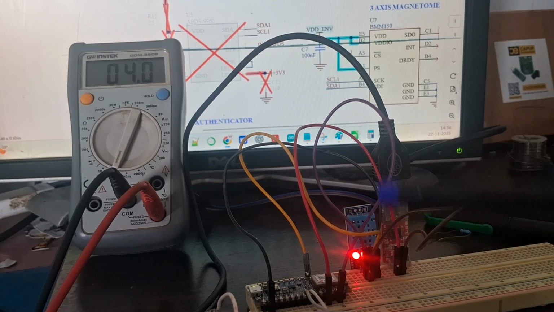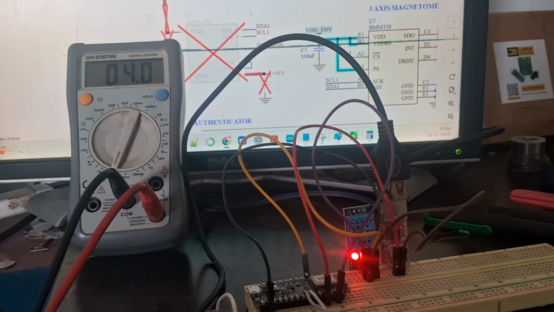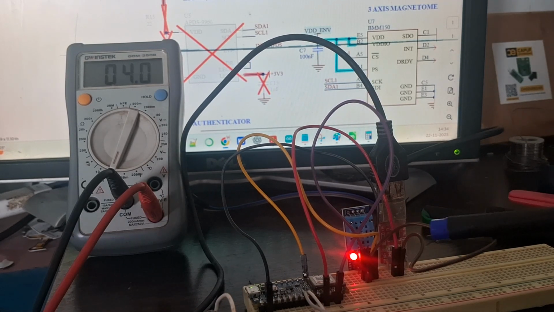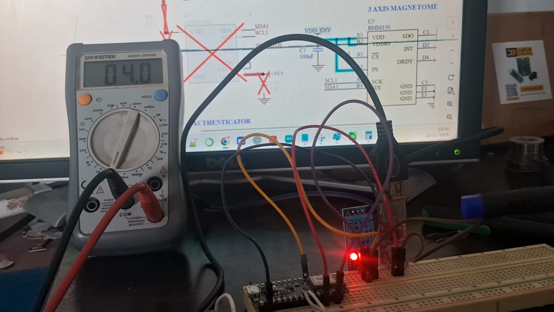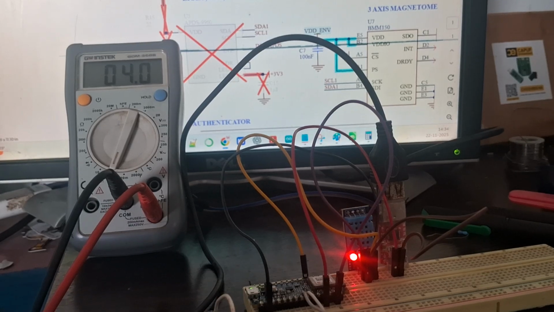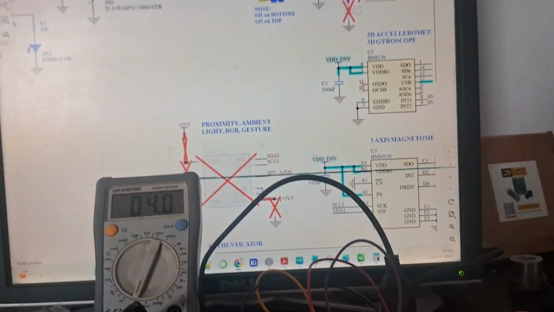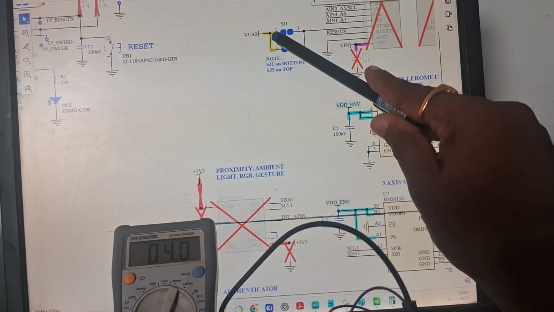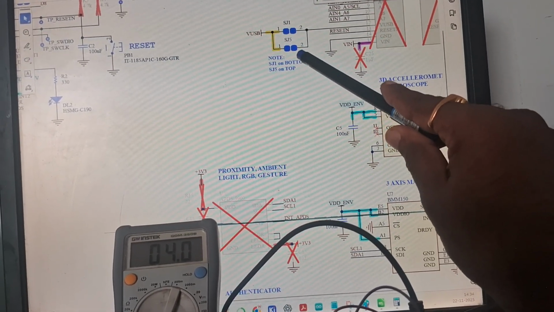And we also have the DHT11 sensor connected. If you look at the schematic of the Arduino Nano 33 BLE board, you have the SJ1 and SJ5 shorting jumper options.